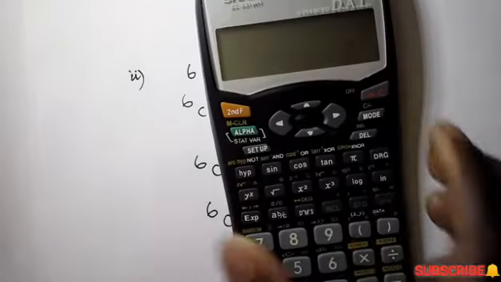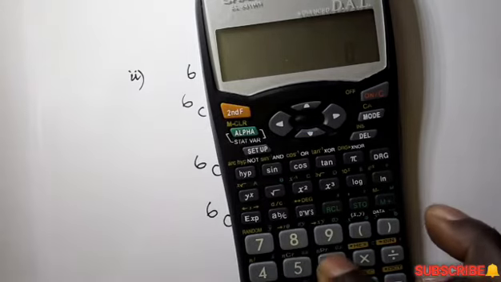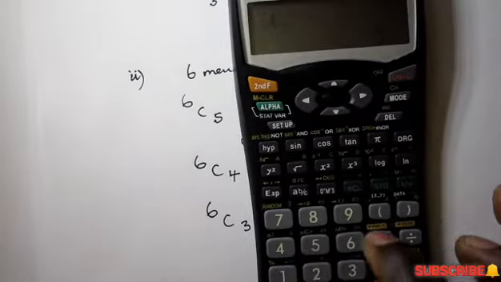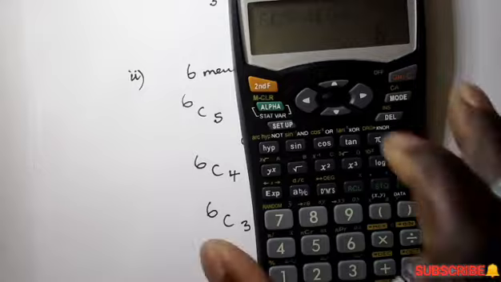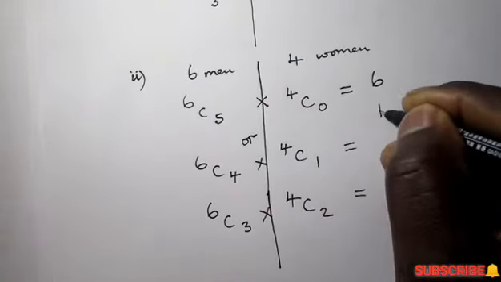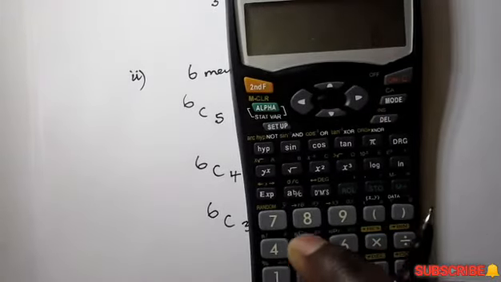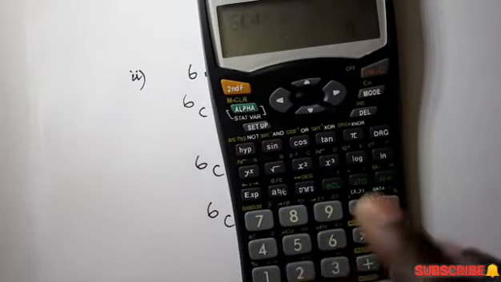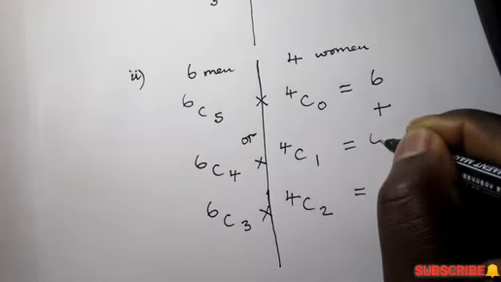We are going to start with the first one. 6 combination of 5 times 4 combination of 0. You get 6, so I'm going to write 6. Then or denotes plus. We move on to the next: 6 combination of 4 times 4 combination of 1. You get 60.